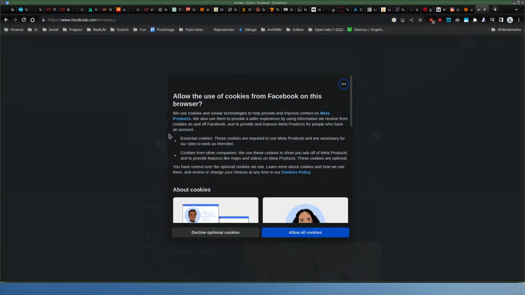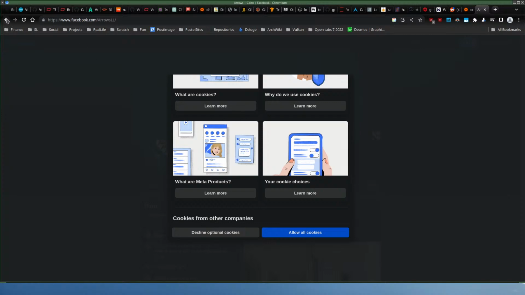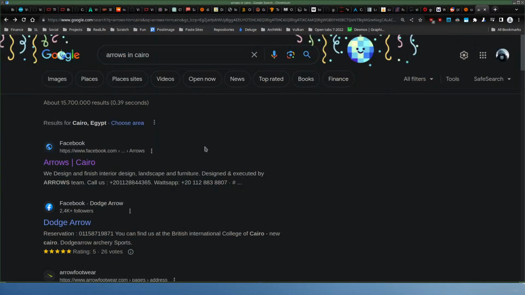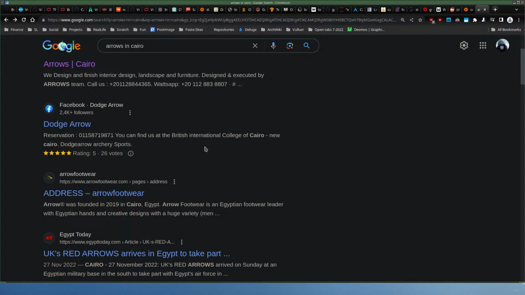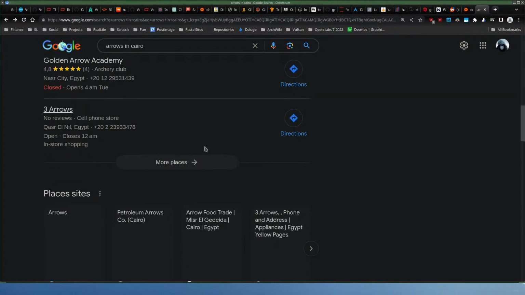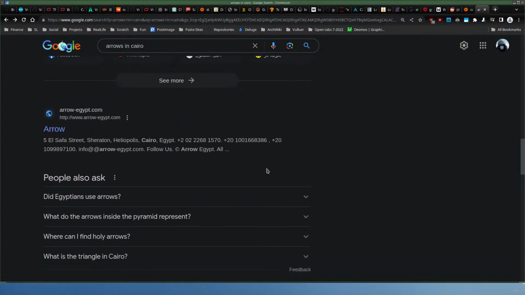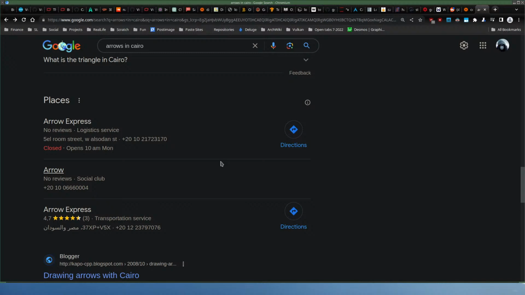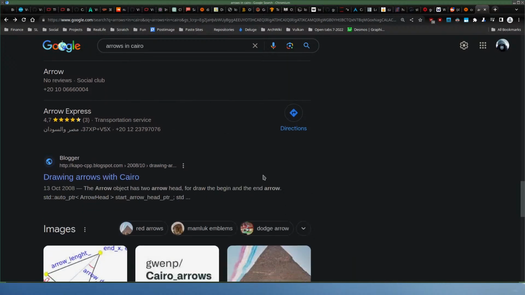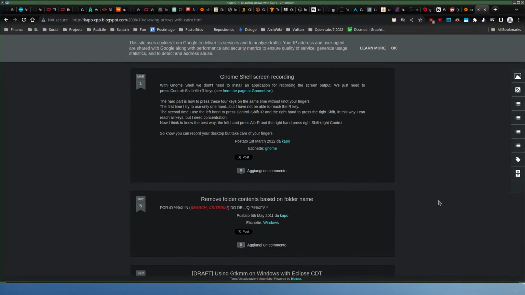What the hell is this? It's Facebook. Oh, you get me out of here. Dot arrow address, blah blah blah. Nobody knows what Cairo is. Arrow Egypt. No, I don't think so. Drawing arrows with Cairo. That sounds more like it.